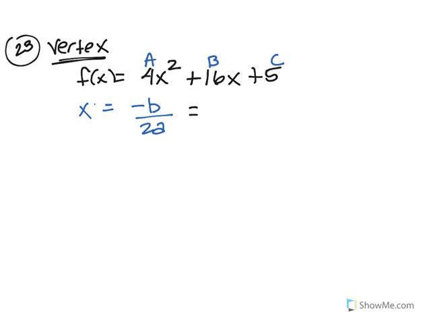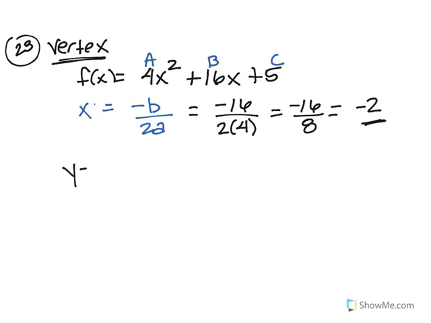So if we plugged in minus 16 over 2 times 4, that would be negative 16 over 8, which will reduce to a negative 2. So that's the x part of your vertex. Now, to find the y, you're going to just simply take negative 2 and plug it in for x. I would type this in the calculator so you won't worry about your order of operations.